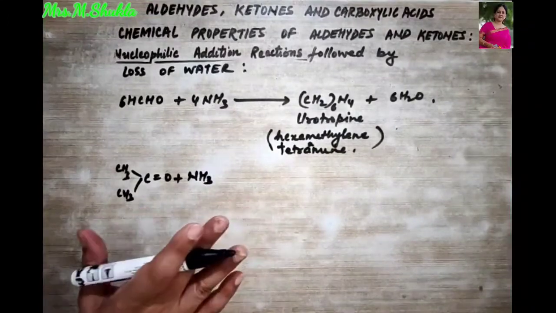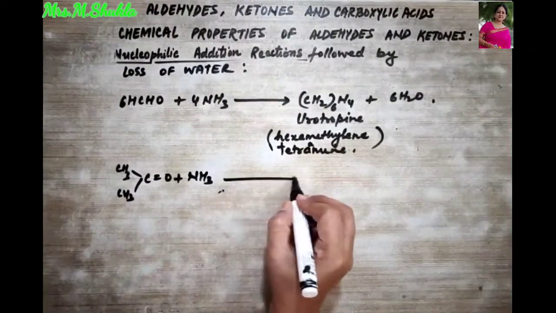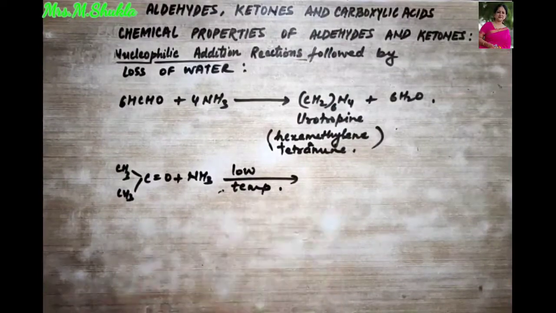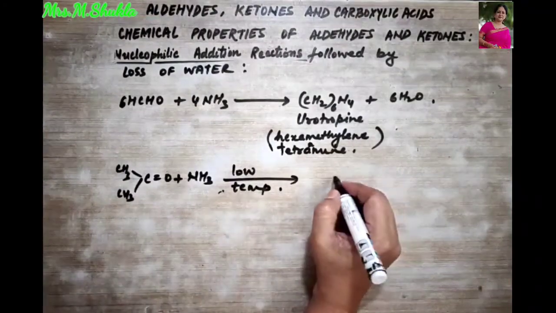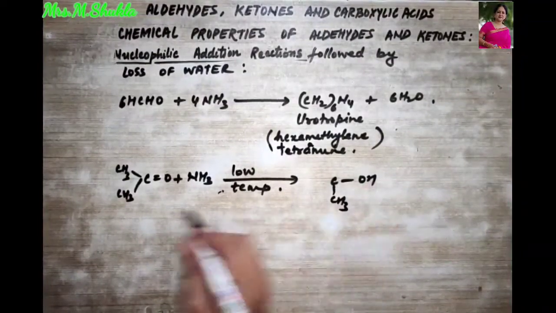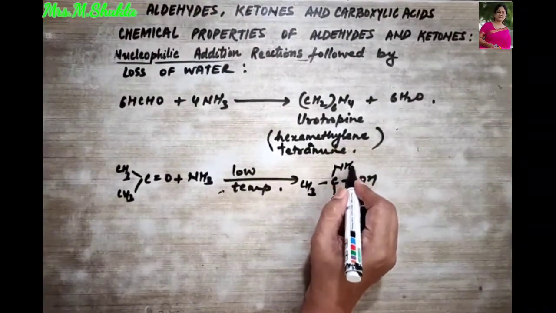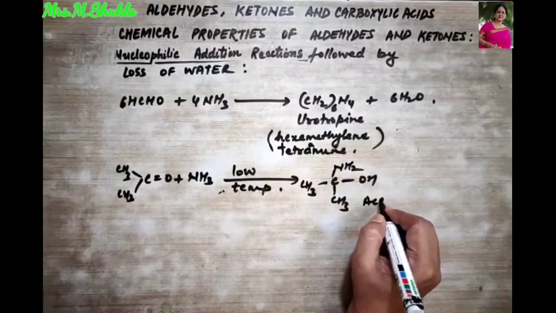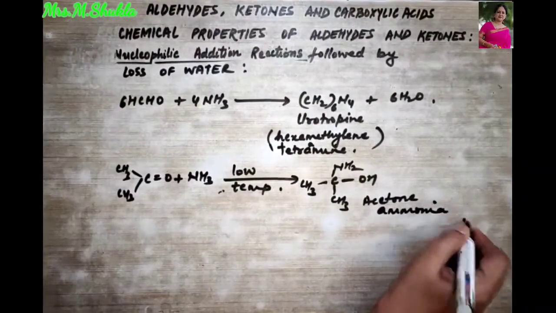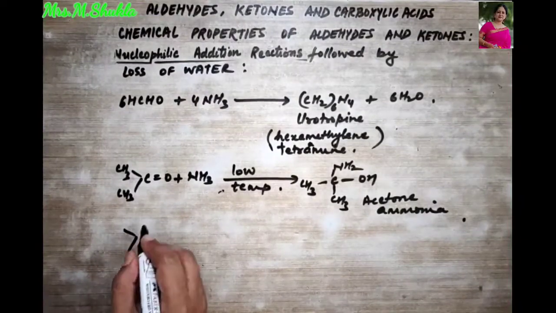Now remember, when acetone is treated with ammonia at low temperature, it is going to form acetone ammonia, that is C(OH) with CH3 and NH2. This will be termed acetone ammonia.